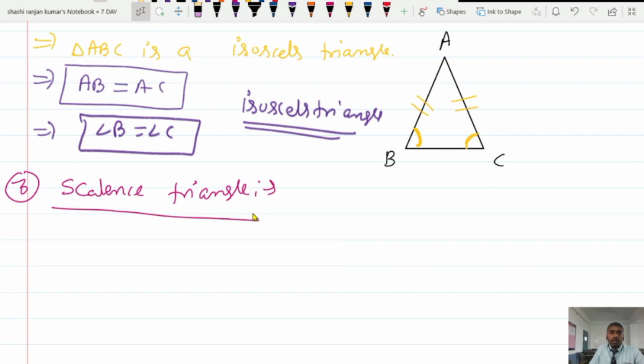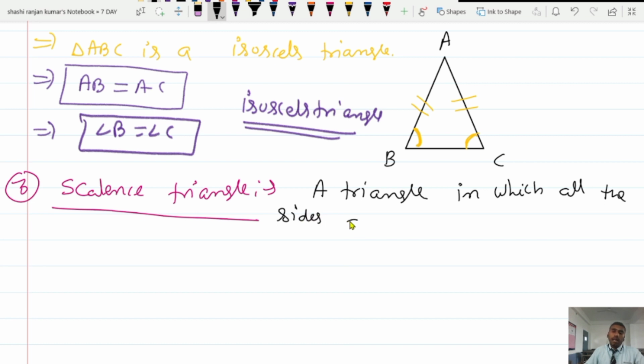A triangle in which all the sides and angles are different is a scalene triangle.